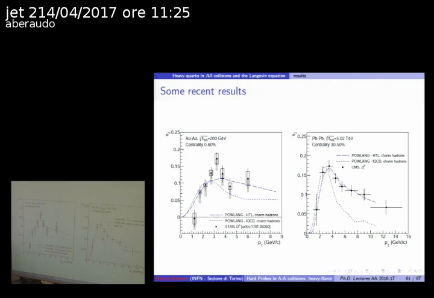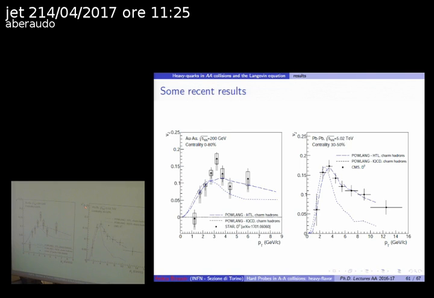These are more recent data, analyzed again by the STAR experiment. This is the elliptic flow measured in gold-gold collisions at 200 GeV at RHIC. These are the experimental data, and these are the theory curves, including this medium hadronization.